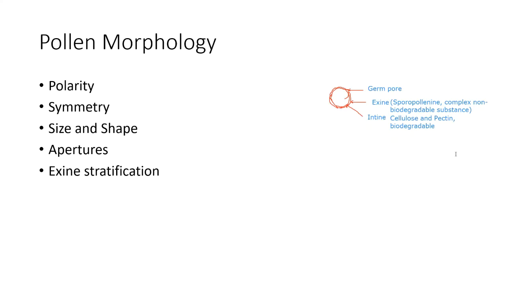Now, again, this exine is formed of two layers. The outer one is called sexine, and the inner one is called nexine. So I'll just make a simple flow chart in order to make you understand. Sporoderm or spore wall is divided into outer exine and inner intine.